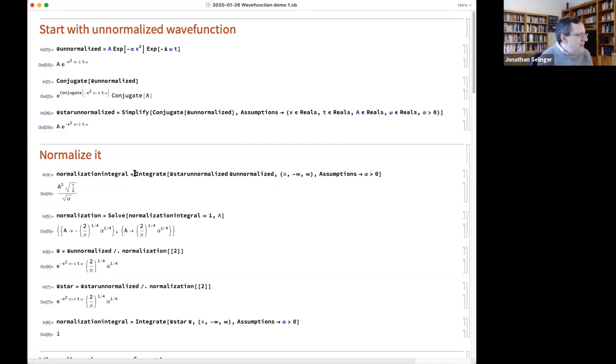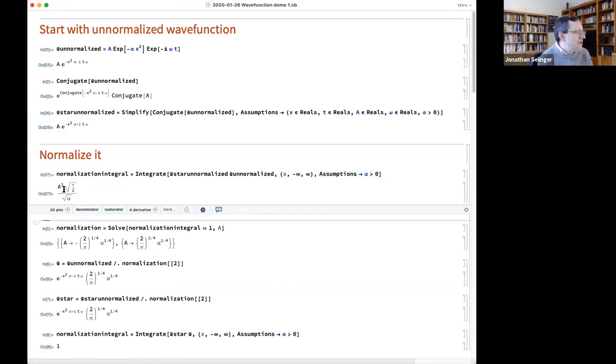That is, integrate the product of psi star times psi for x goes from minus infinity to infinity. And when you're doing that integral, assume that A is positive. Okay? So here's the result of doing that integral.